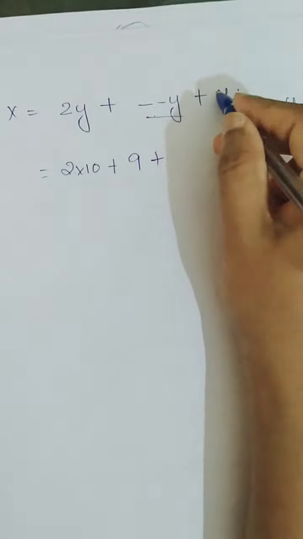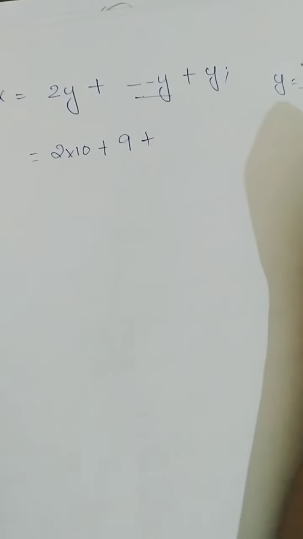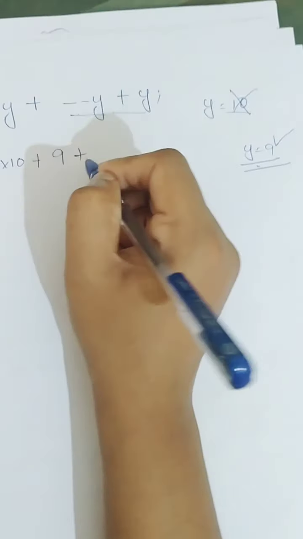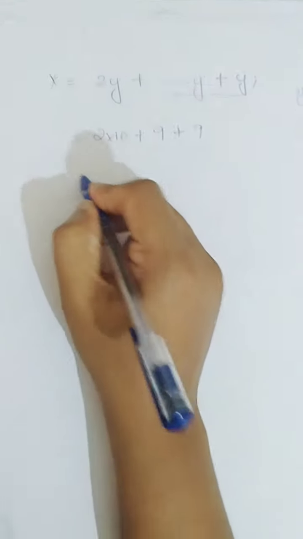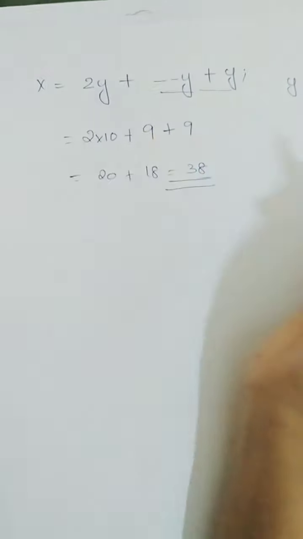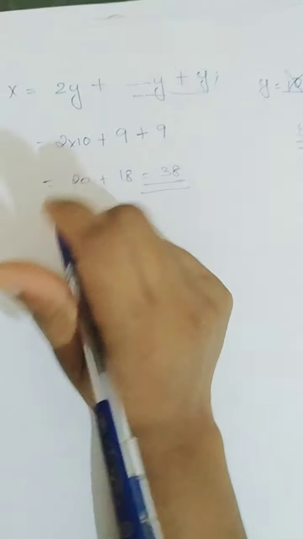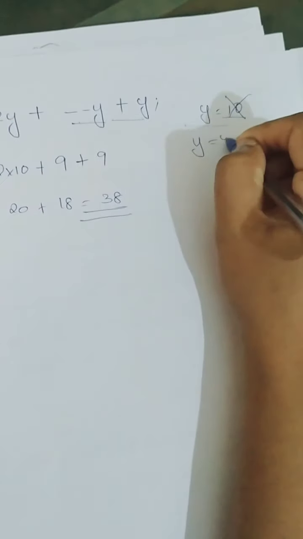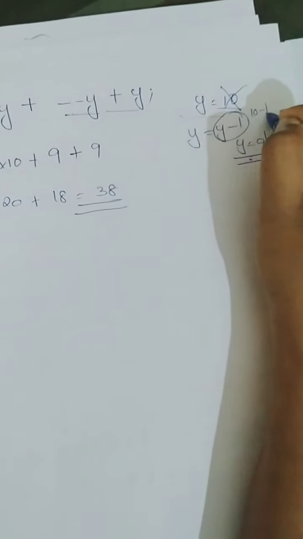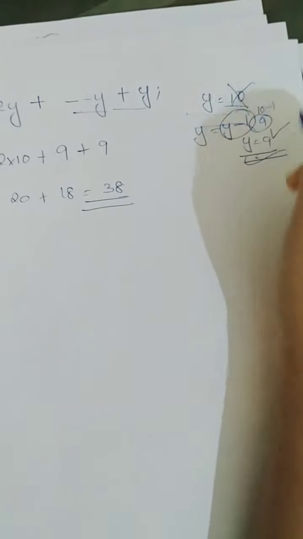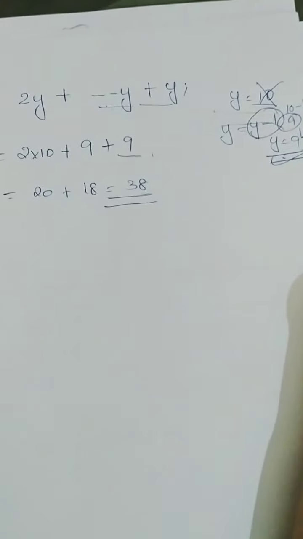So plus y, instead of 10 it is now 9. So plus y means plus 9. So it will have 20 plus 18 which is equal to 38. You got this? Because y is changing into 9, it means we have y is equal to y minus 1. So it will do 10 minus 1 and 9 will be stored in y. That is why y is equal to 9, that is why here it is using 9.